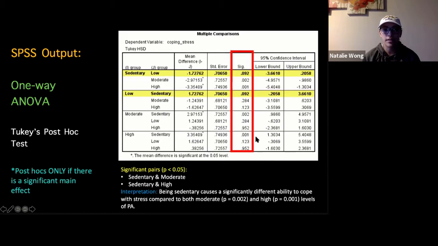Again, redundancies in the table. All of the other p-values in this column are greater than 0.05, therefore they are not significant pairs. So the way we could write this interpretation is that being sedentary causes a significantly different ability to cope with stress compared to both moderate and high levels of physical activity.